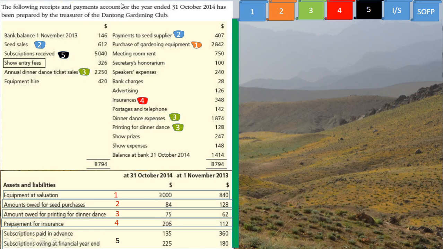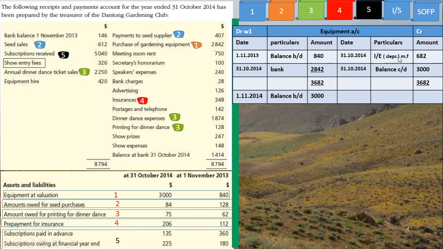That's 5. So now what you need to understand is, after making your statement of affairs to calculate the opening accumulated fund, step 2 is your adjustment accounts. When you are making adjustment accounts, you need to focus on this additional information. Don't miss it out. For example, we just learned how to make the equipment account.